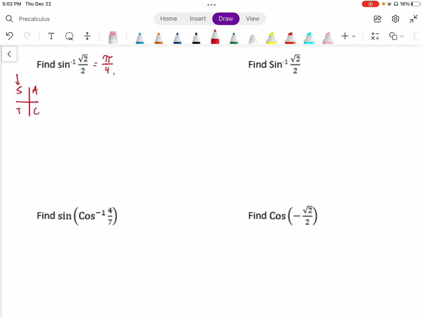Sine is positive in the second quadrant as well. So you have another solution of 3 pi over 4. And the pattern will keep repeating. Sine has a period of 2 pi. So we can take each solution here and add 2 pi to it to get another solution.